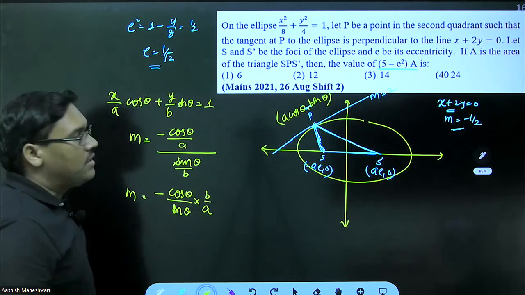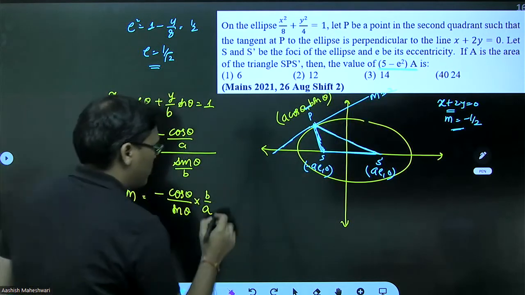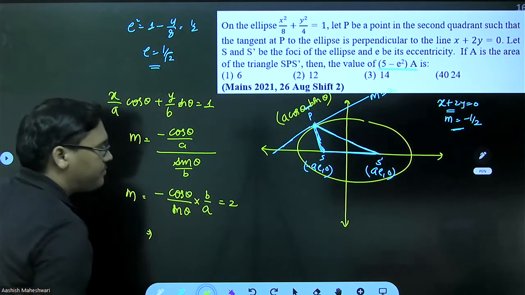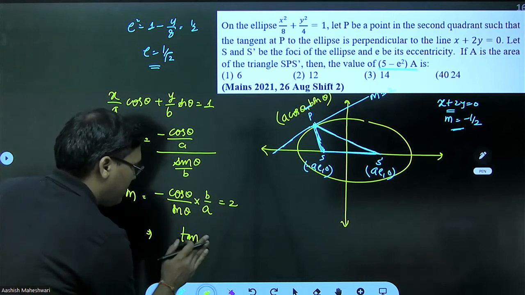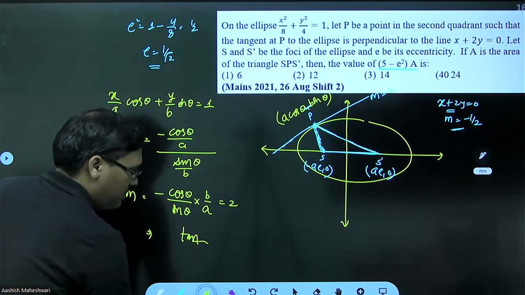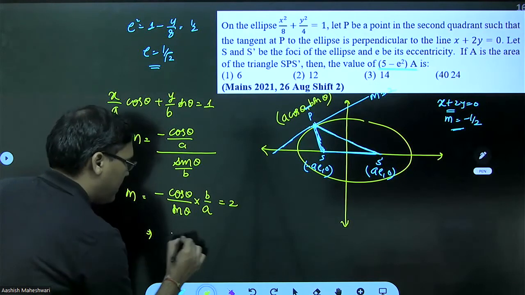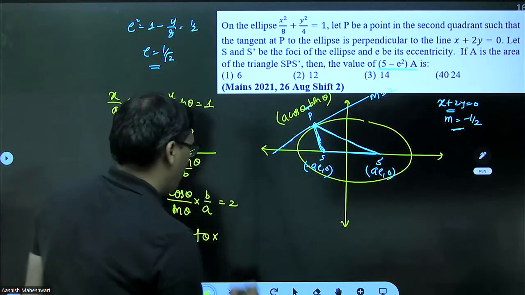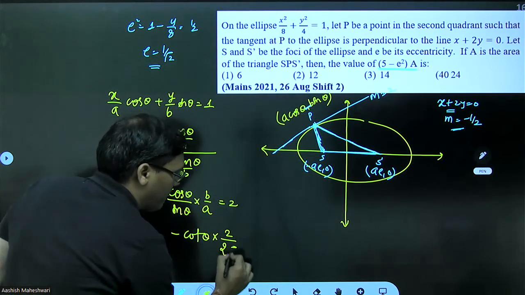Given the slope of tangent at this point is 2, so this should be equal to 2. From this you can see, this is minus cot theta. What is B? B is 2. What is A? A is 2 root 2.